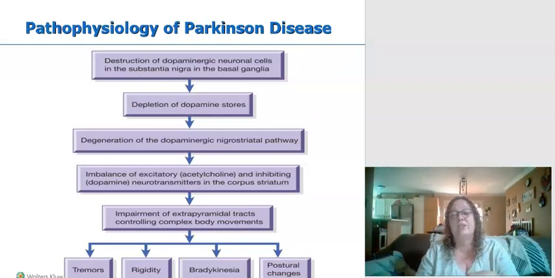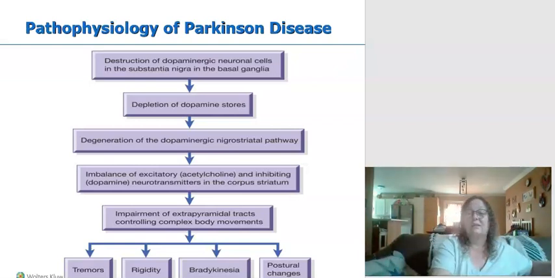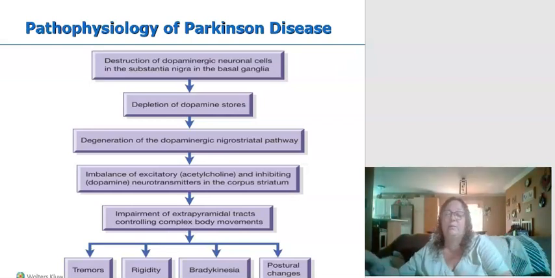You get degeneration of the dopaminergic nigrostriatal pathways and the imbalance of excitatory acetylcholine and inhibiting dopamine neuroreceptors in the corpus striatum, and then you get impaired extrapyramidal tracts controlling complex body movements, and this all leads to the tremor, rigidity, bradykinesia, and postural changes.